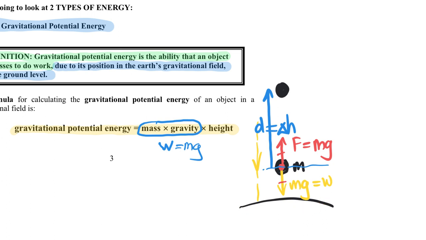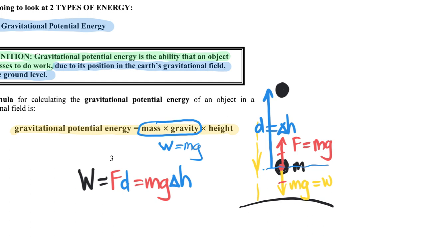So therefore, when working with what we've learnt about work, capital W equals force times distance. And in this case, the force would be mass times gravity, and the distance would be the change in height. Now, if we define the original position of the object as on the surface, then the change in height would be the actual height above ground level, and then we would get the simplified form.